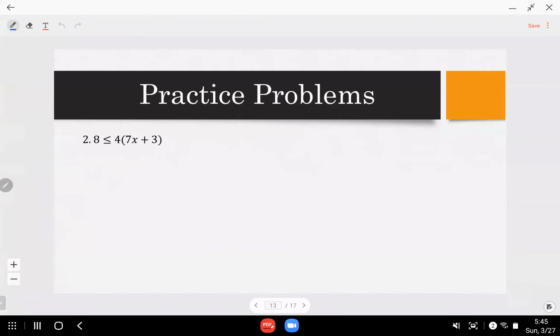Remember, just do the distributive property. Very easy. You see here, 28x is greater than -4. So x is greater than -1/7. Right? Any questions on this?